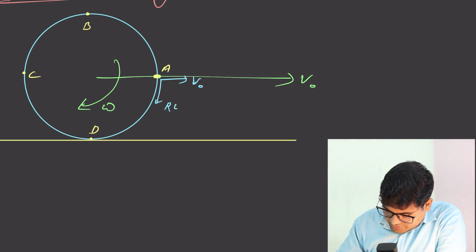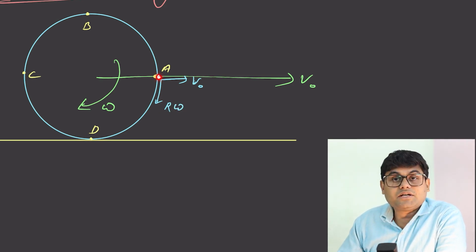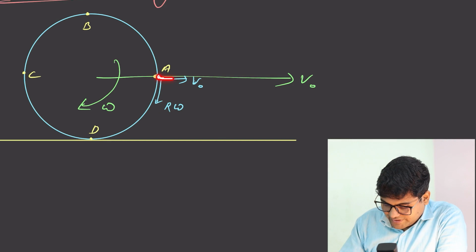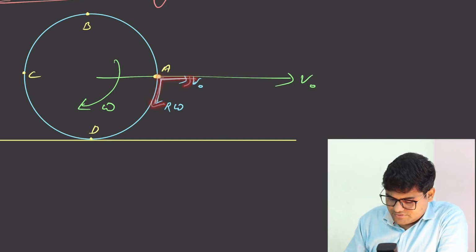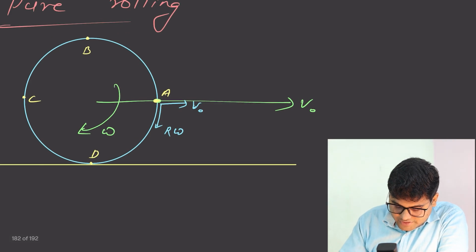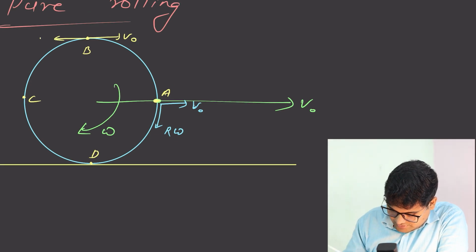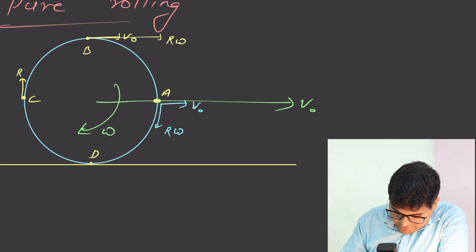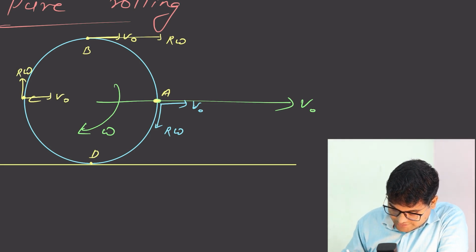So this will be R omega, and the net velocity of point A will be the vector sum of these two velocities, which will be something like this. The same goes for each and every point. For this point it will be v naught in this direction, and R omega in the same direction. For this it will be R omega in this direction, and v naught in this direction.